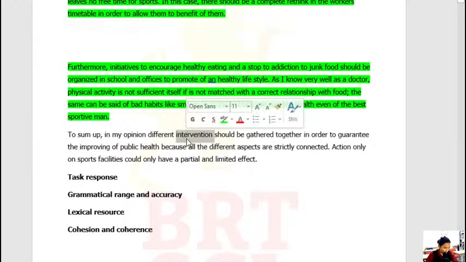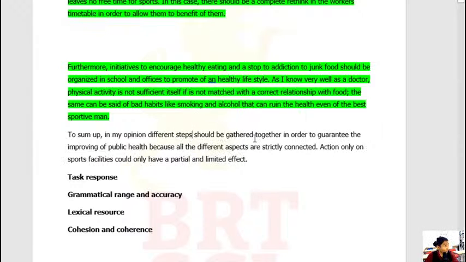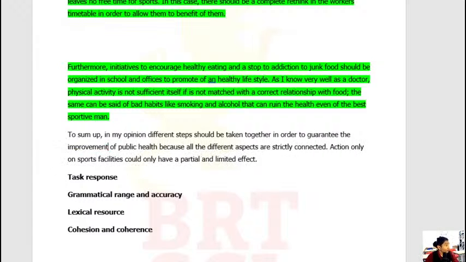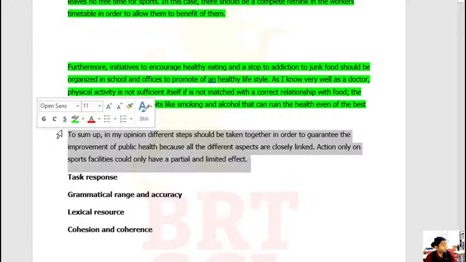Different steps should be taken together in order to guarantee the improvement, maybe, improvement of public health, because all different aspects are strictly connected. Are closely connected, closely linked. Action only on, yeah, this is fine.